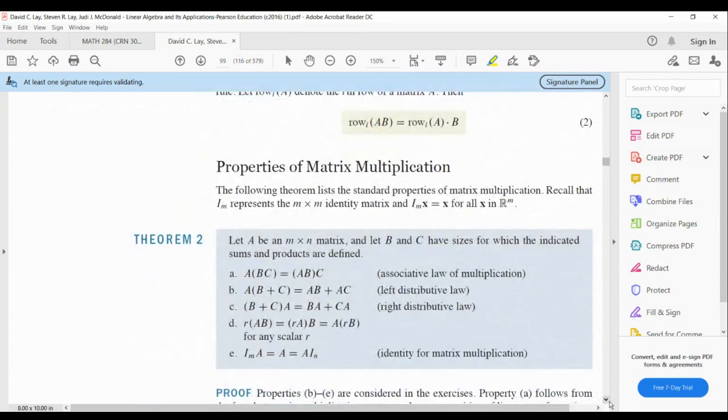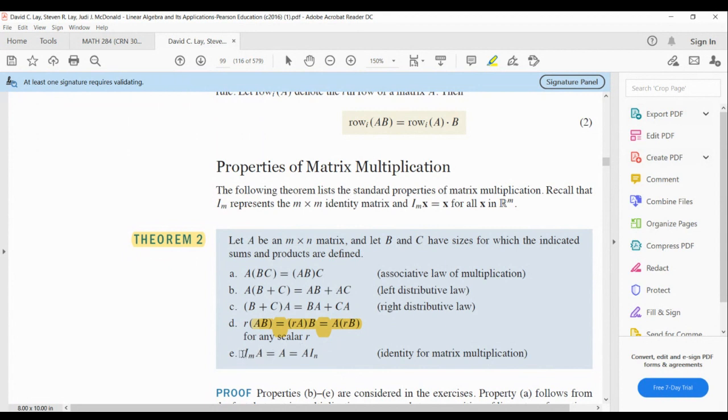Properties of matrix multiplication. These are some key properties here in Theorem 2. We actually used one of them, this one here: A times (B plus C) equals A times B plus A times C. Matrix multiplication is distributive. Also, if you take a scalar R times a matrix product A times B, that's the same as (R times A) times B, or A times (R times B), for any scalar R, and that's useful at times.